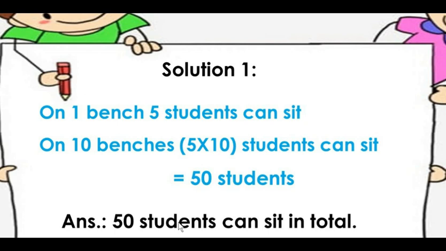So we can easily write the answer. 5 tens are 50. As it is a very simple calculation, I didn't show any rough work here. If you want, you may. So the answer is 50 students can sit in total.